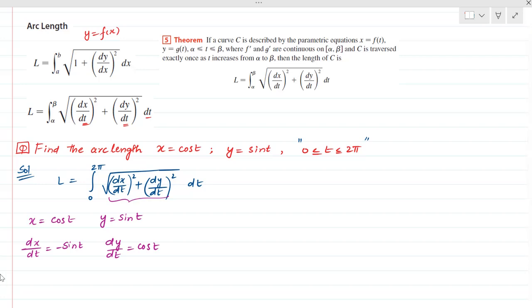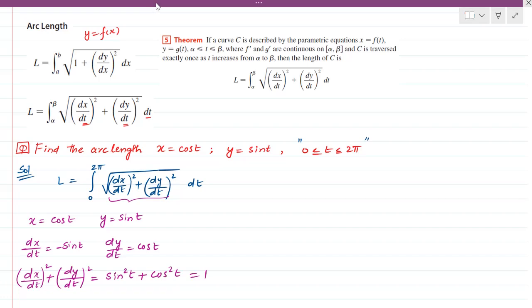Now I have to square them and add. When you square this part, it becomes sine square t, because the minus becomes plus, plus cosine square t. Sine square t plus cosine square t, we know by the identity, is equal to 1.